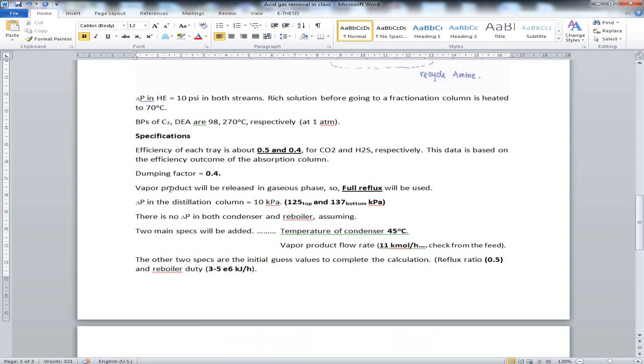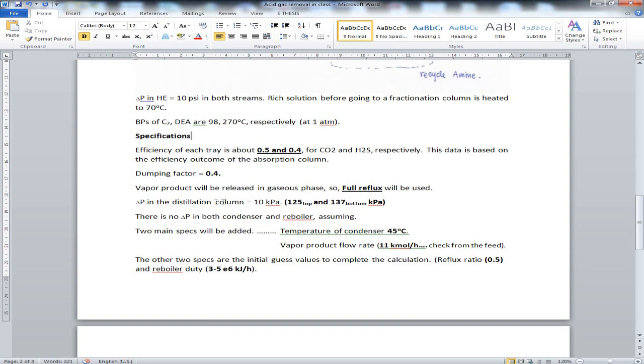Based on this case, of course, we will have the product in vapor, so the partial reflux ratio will not be used. What we're going to use is the full reflux ratio, full reflux. This will help us get only one product in terms of gas, and the liquid will return to the system.